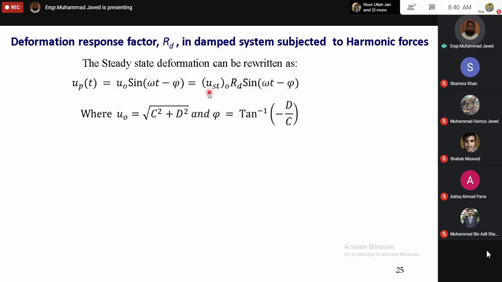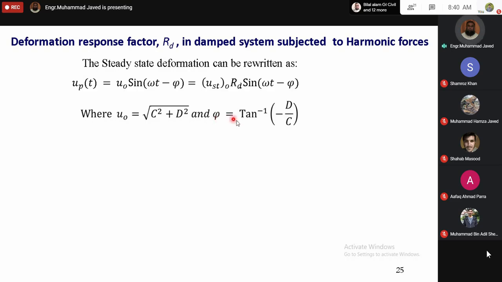In this equation, U naught is the peak value of total response or peak dynamic displacement, and it can be derived that this can be determined by c square plus d square under the root, where c and d are given on slide number 23.